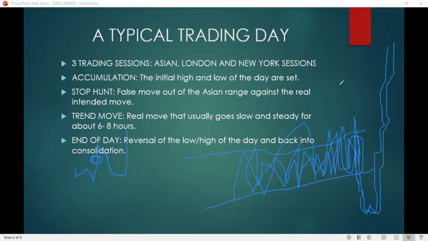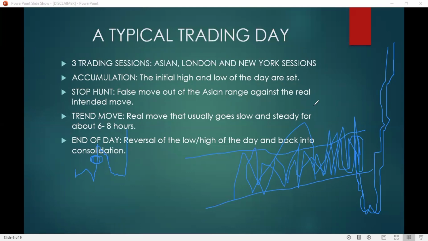And the next thing is the trend move. That's what I just gave you a clue about. The trend move is basically the real move that usually goes slow and steady for about 6 to 8 hours. If you're patient enough, you will never miss it. The problem with us is we are not patient. I'm not surprised because I struggled with lack of patience for several years too.